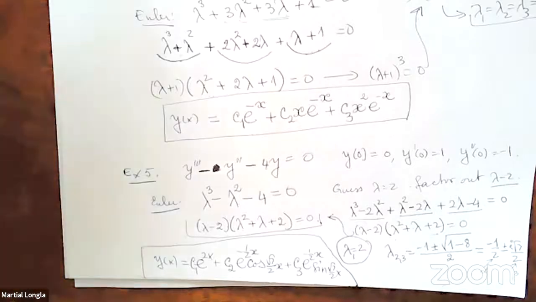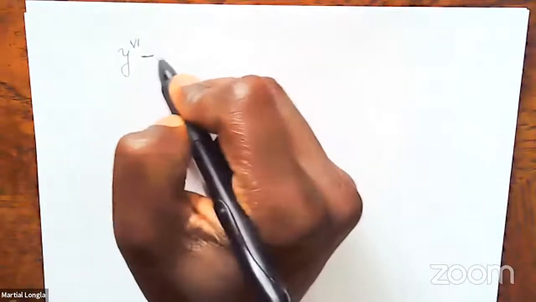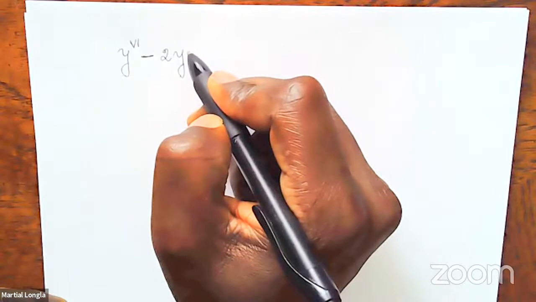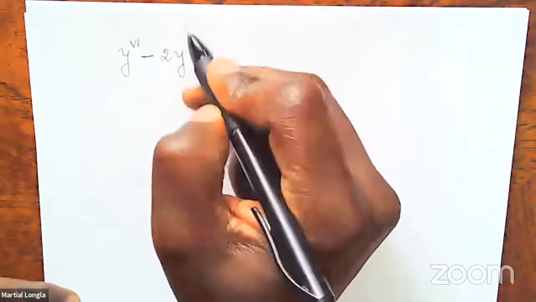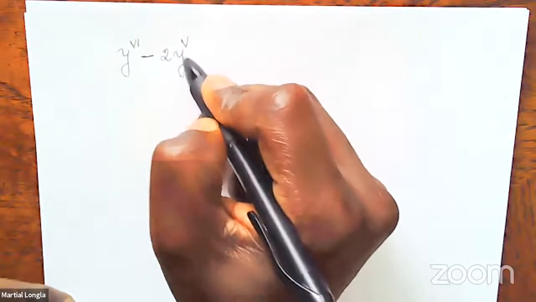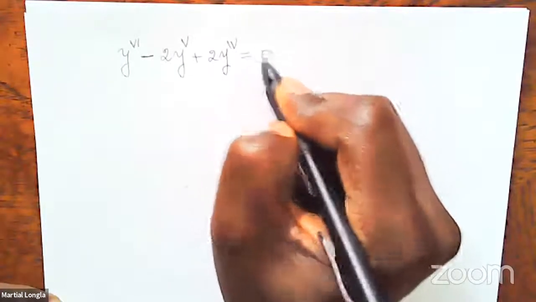All right, so one last problem. Let's say we have the sixth derivative minus twice the fifth derivative plus twice the fourth derivative equals 0.